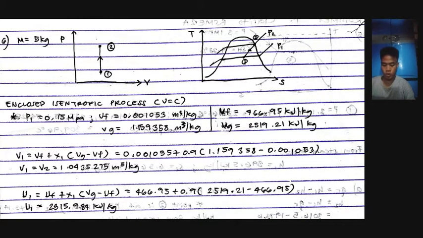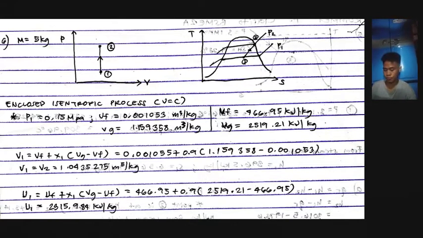Next, open parenthesis for the value of Vg equals 1.159358 minus 0.001053 for the value of Vf. By calculating it, V1 equals V2 equals 1.0435275 meter cube per kilogram.